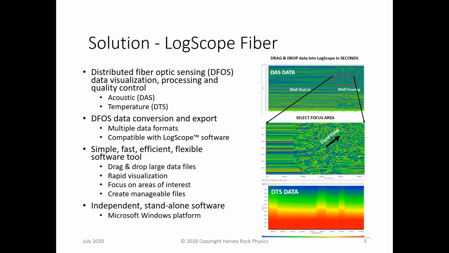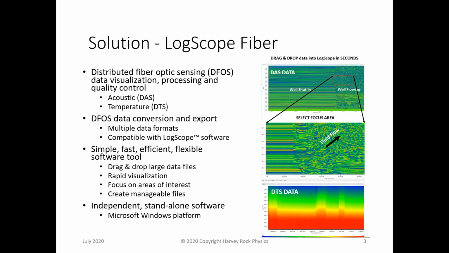And when you want to continue to work with the data, whether in one of those original formats or converted to other formats, one of the real goals is to make the data manageable, so the data size is not hundreds of gigabytes or even terabytes. We'll also show and discuss that LogScope Fiber and LogScope are compatible, and a means to further evaluate the data.